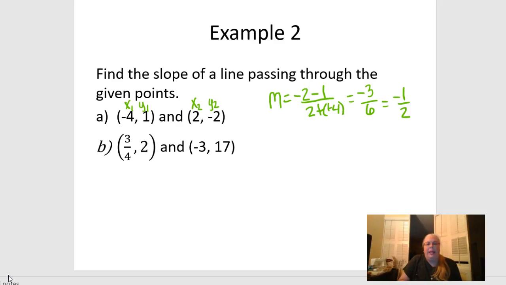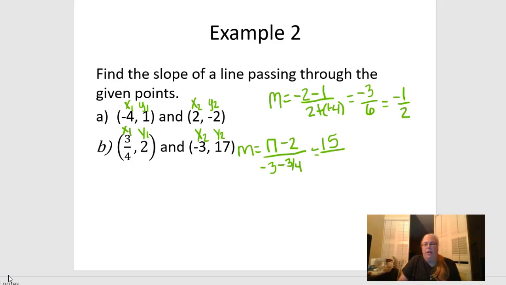For part B, again, if we treat this like x1 and this one like y1, this one like x2 and this one like y2, we'll have 17 minus 2 divided by negative 3 minus 3/4. And 17 minus 2, that's going to be 15.